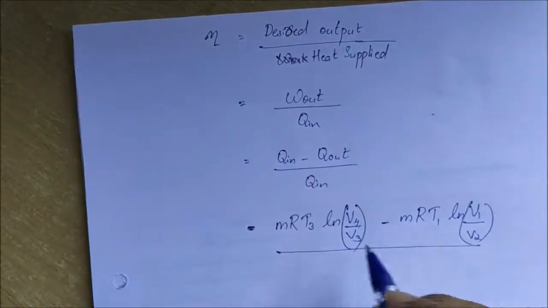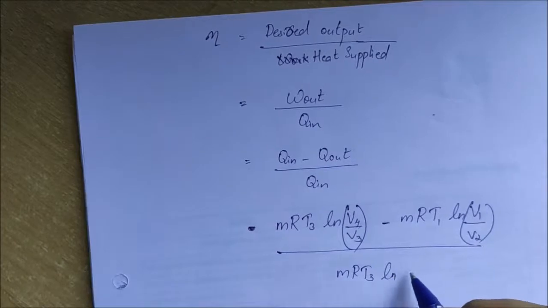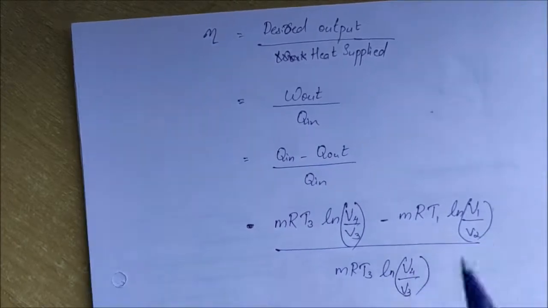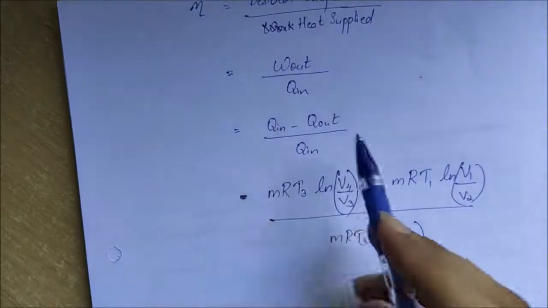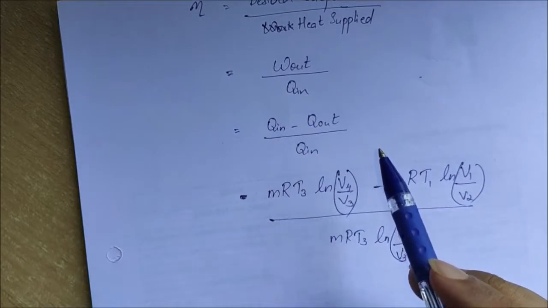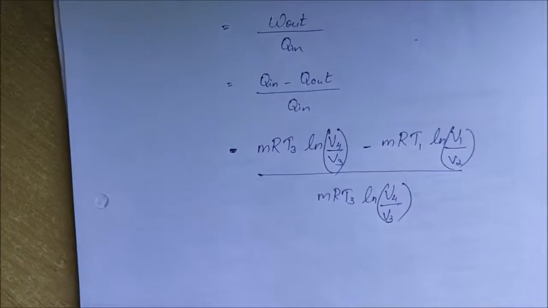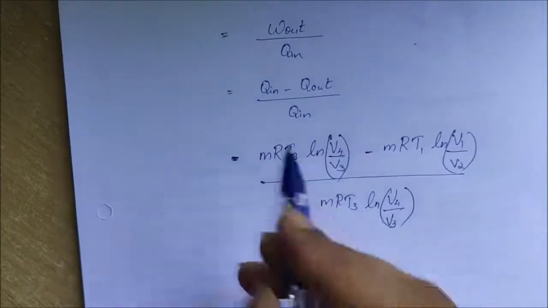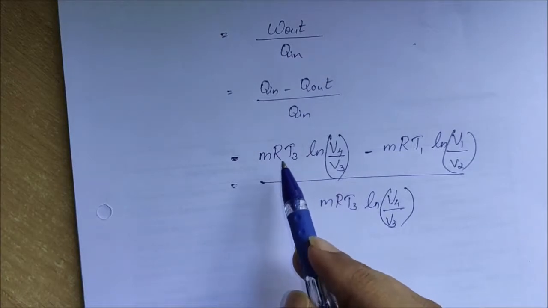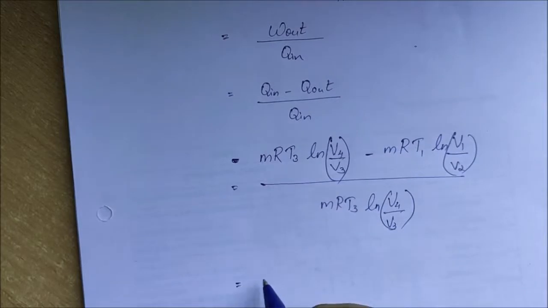So what will again divide by Q in? That will be mR into T3 ln V4 by V3. Am I correct? I have written the expression for Q in and Q out because both the heat rejection and heat addition are taking place in isothermal processes. Okay, so I can cancel out mR from this expression because this is a common term.